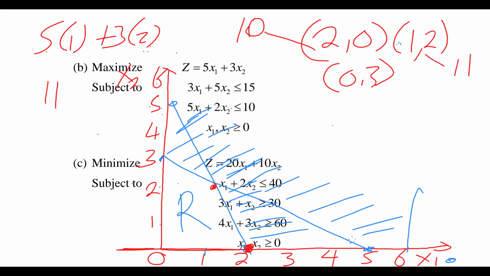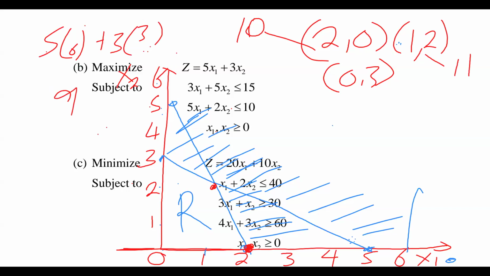Then the other one will be 5 multiplied by 0 plus 3 multiplied by 3. So the next one will be 9. Now 3 times 3 is 9.